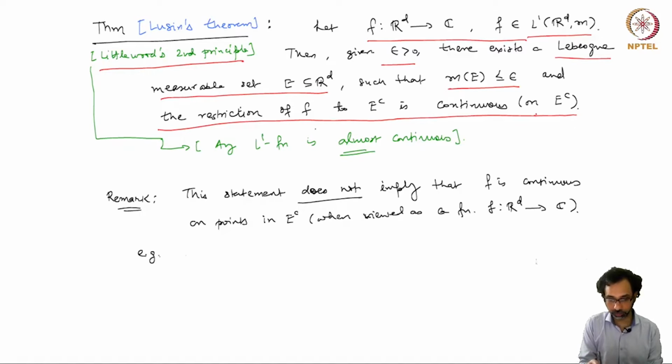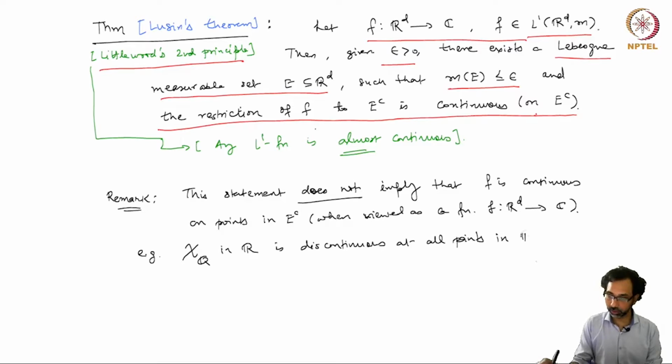So for example, the indicator function of the rational numbers in R is discontinuous at all points in R, and it is an L1 function because the measure of the rationals is 0. So chi Q is an L1 function.